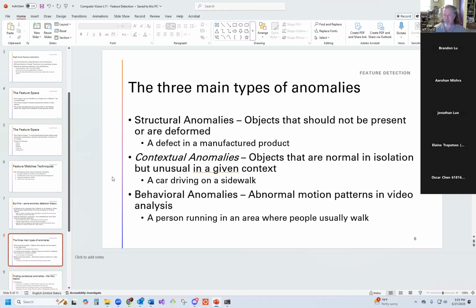We aren't going to do very much with structural anomalies because we're going to focus a lot more on contextual anomalies, because that is the most common CV task that we use for anomaly detection.